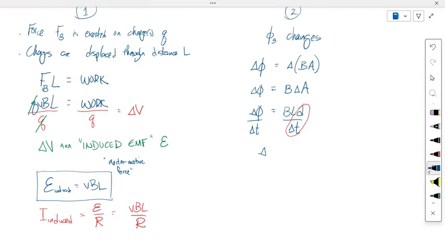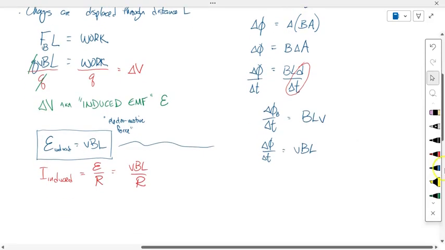So this rate of change of magnetic flux, delta phi over delta t, is B L V, or V B L, like we had here.